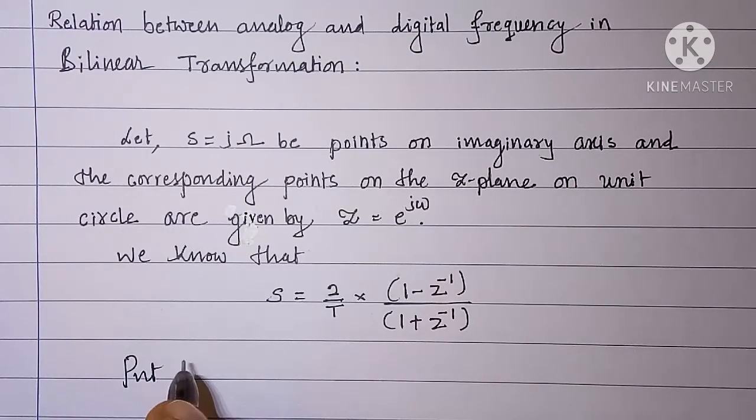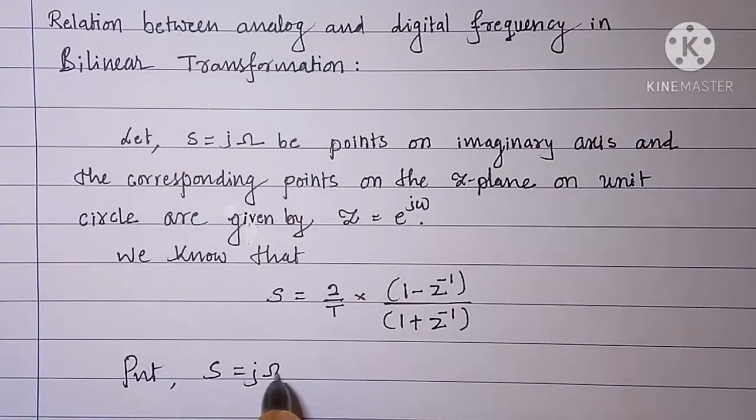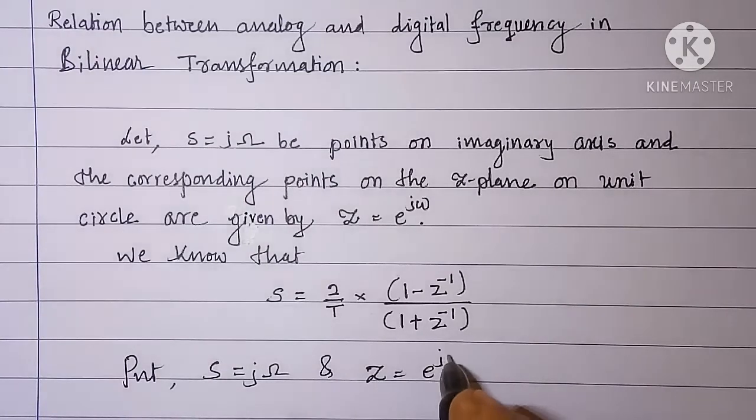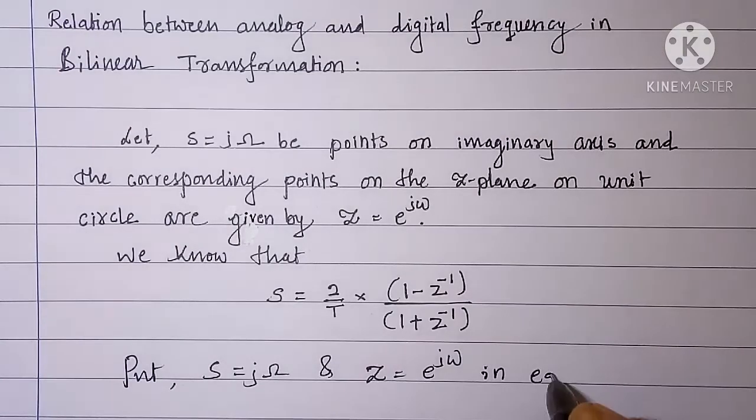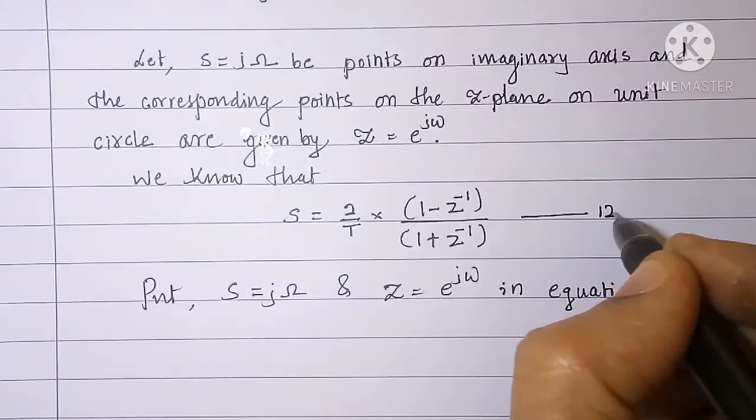Put s equal to j omega and z equal to e raised to j omega in equation 12.